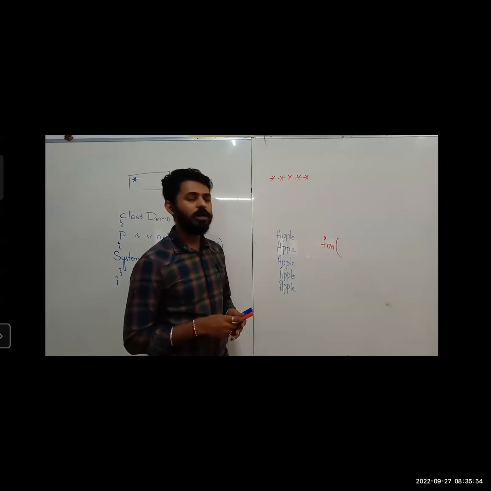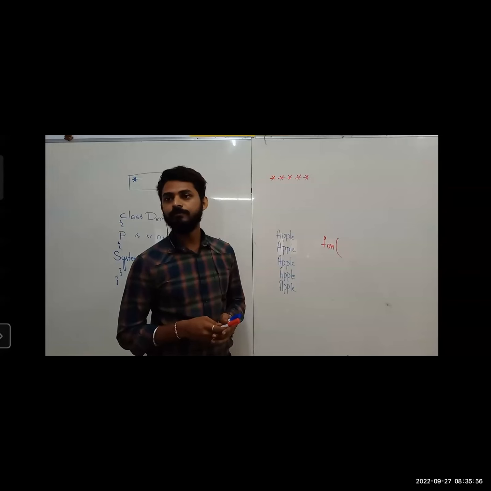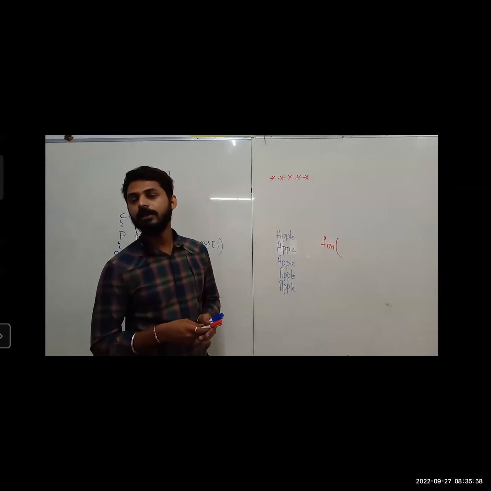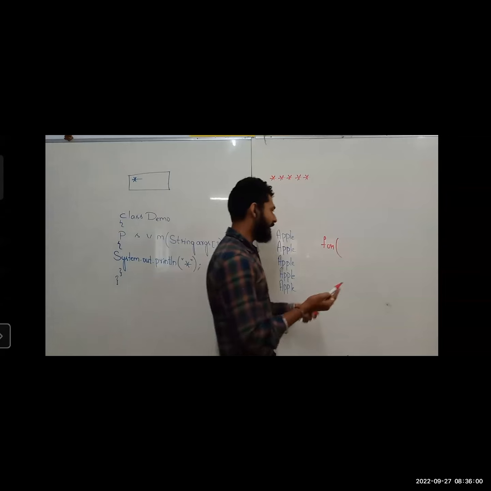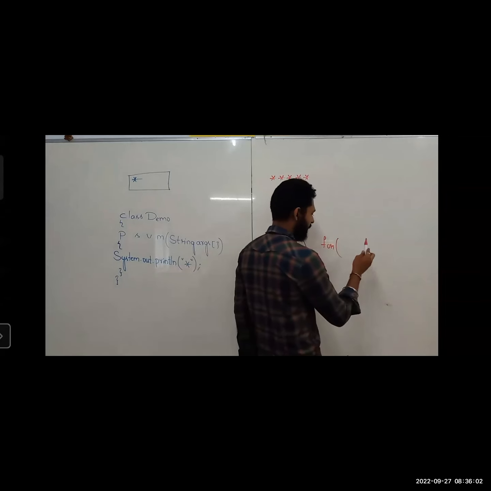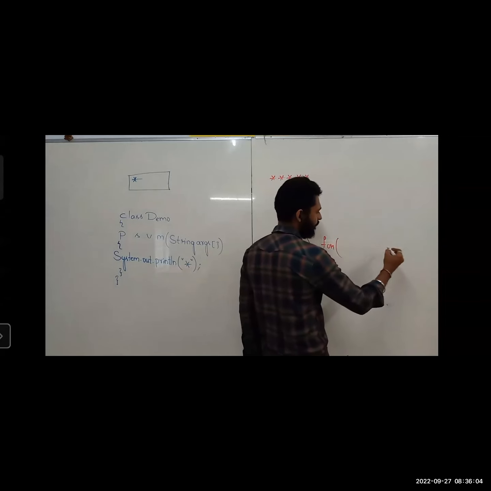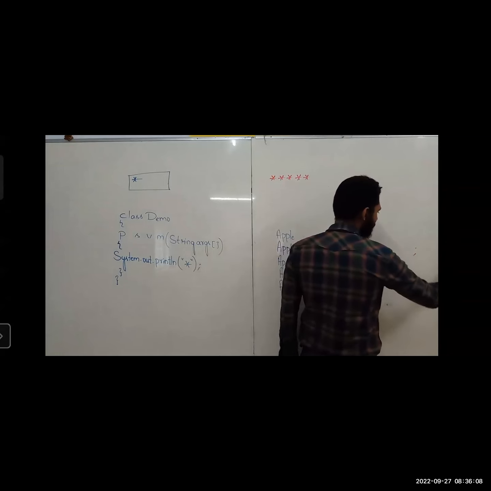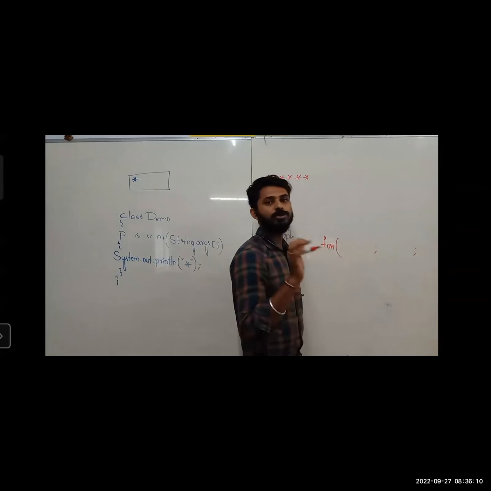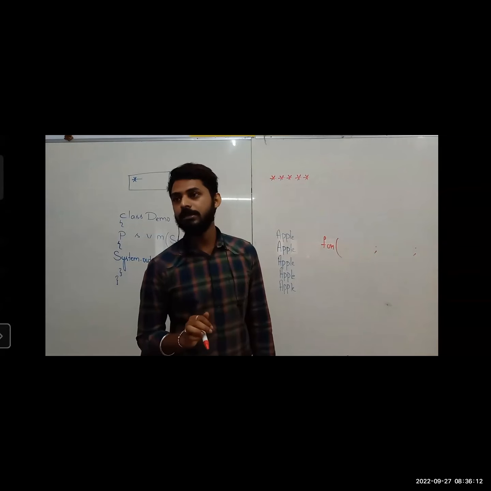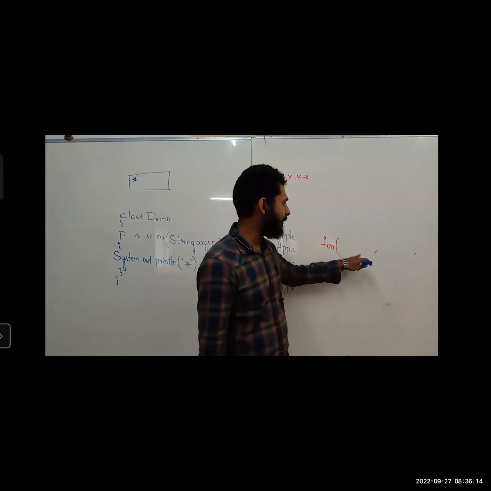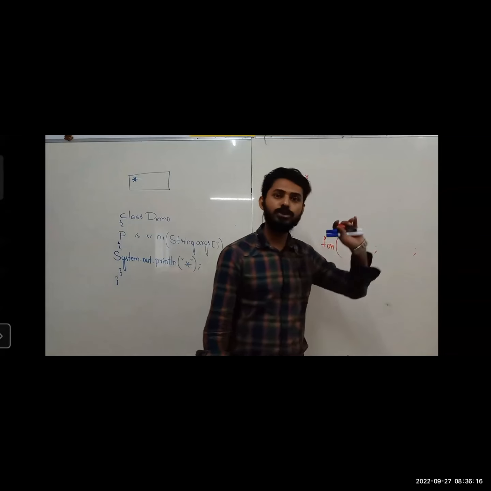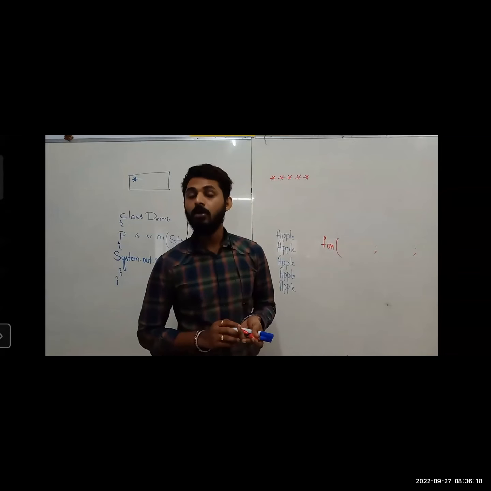So basically, what does it mean? I'll tell you. But before that, there will be 3 parts. Whenever you write a for loop, you should give 3 parts, which means 2 semicolons should be there. First part, second part, third part, you should write. What should I write there?